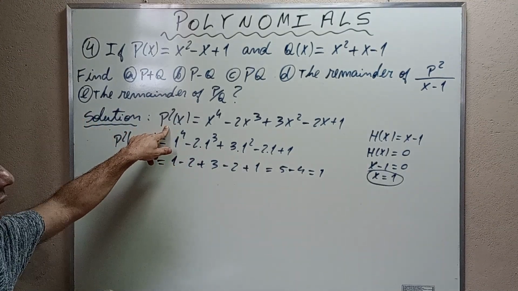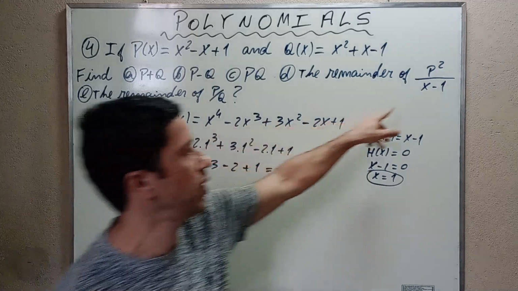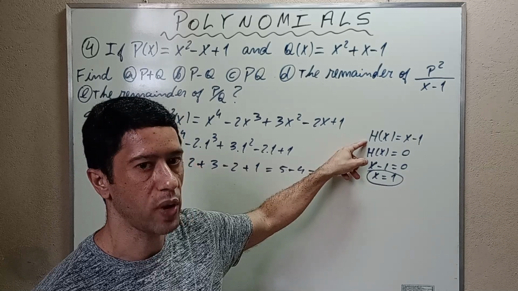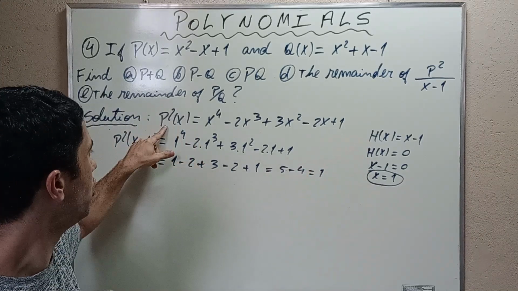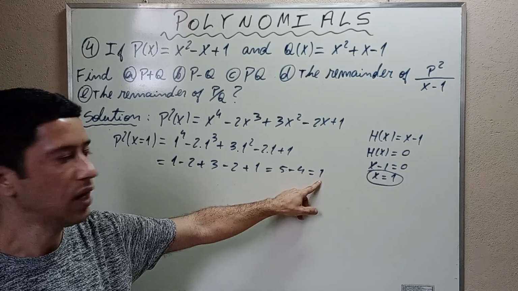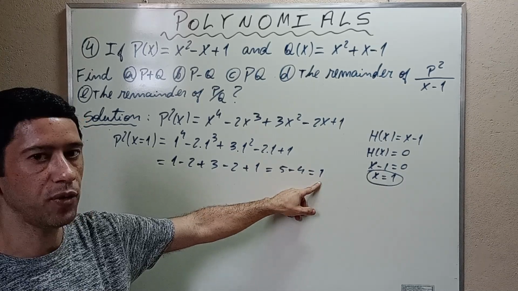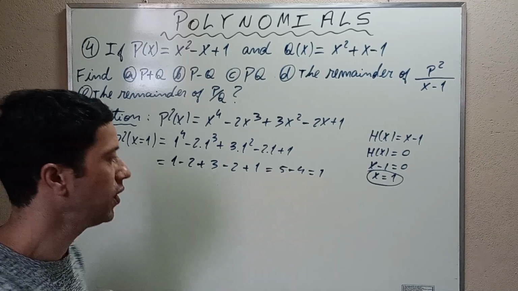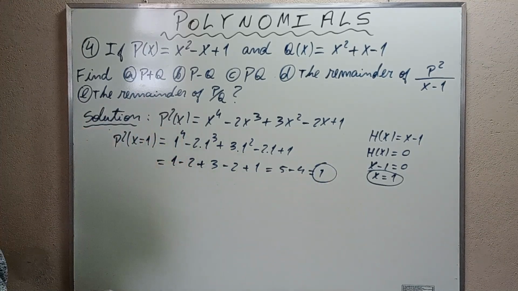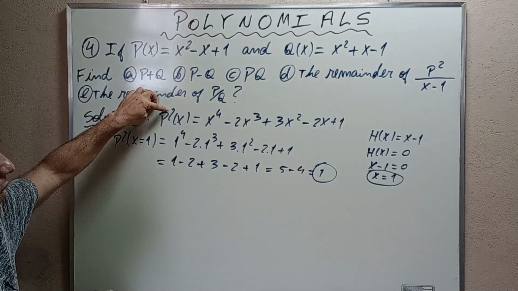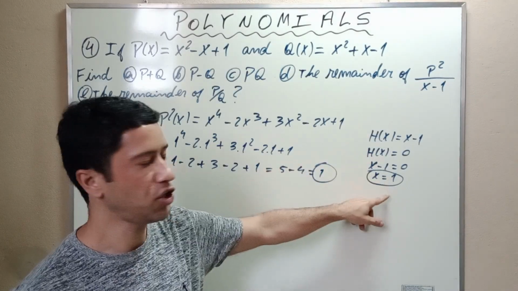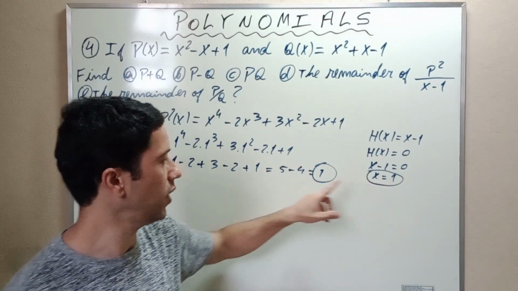If p squared of x were divisible by x minus 1, when I apply the root of h of x equal to x minus 1, the result would be 0 here, not 1. This result here is the remainder of the division, okay? This is the remainder of the division. One more time. When this polynomial is entirely divisible by this, they share a common root, okay?